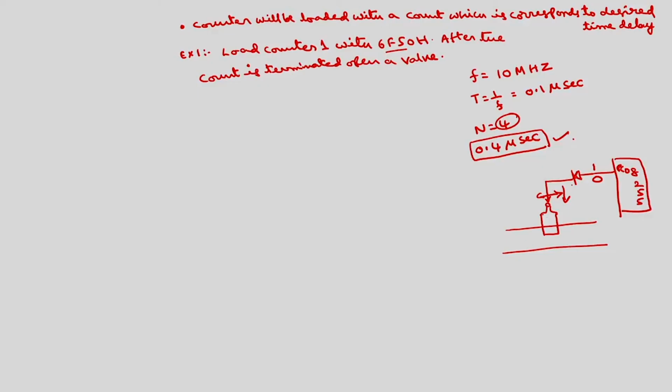So I want to feed this bottle up to some level. In the bottling industry, if you want to fill the bottles with some medicine, some syrup, we have some prescribed limit. So the time taken to fill the bottle up to here is, let us assume, if I feed the counter with 6F50H, the corresponding time.